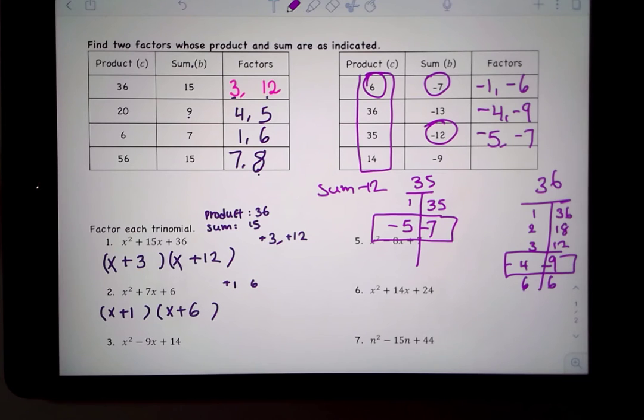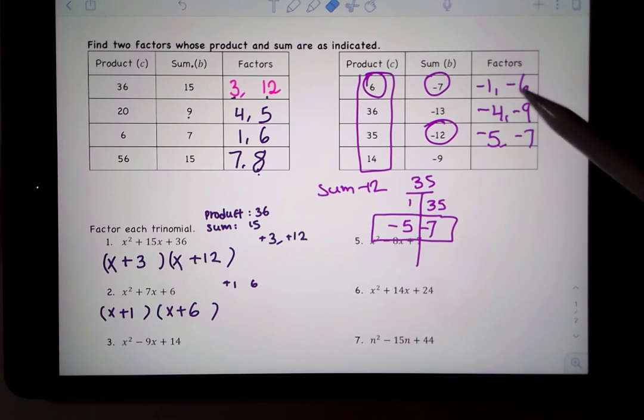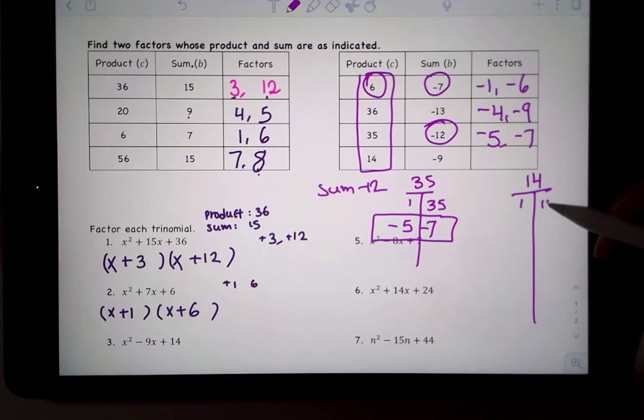So we'll be -5 and -7. Okay, and 14. So for 14, same thing. I'm going to break it down. 1 and 14. And guys, if you're having trouble getting the factor table, you can use the factor table that I gave you.